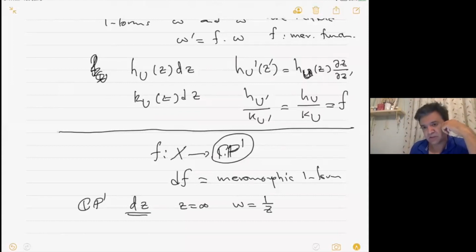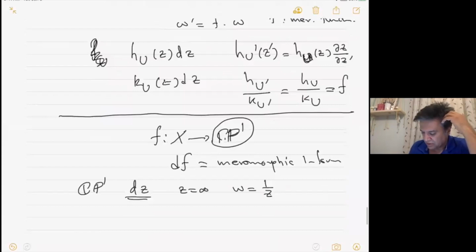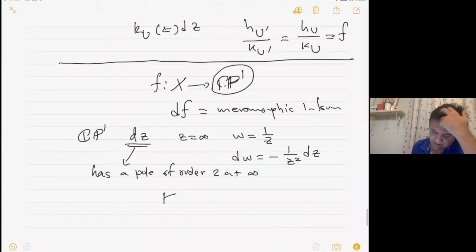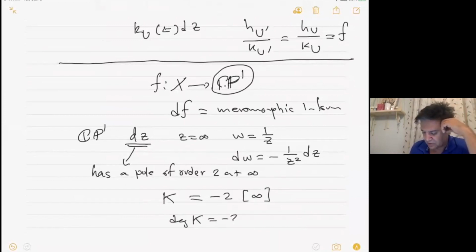Infinity corresponds to zero under this change of variables, w equals 1 over z, and then when you take dw, you get minus 1 over z squared dz. And then you see that this one form has a pole of order 2 at infinity. In other words, the canonical divisor on CP1 is minus 2 times infinity, and the degree of this k is minus 2, as it should be, because it's 2 times 0 minus 2.